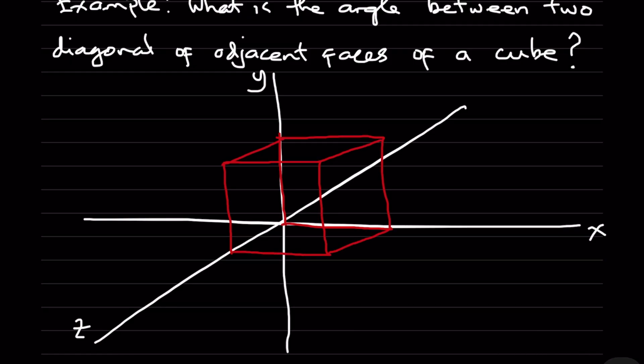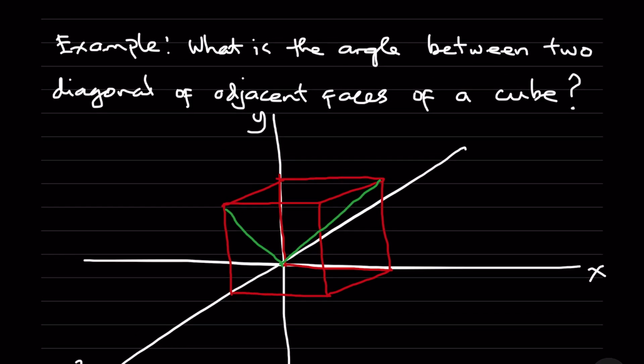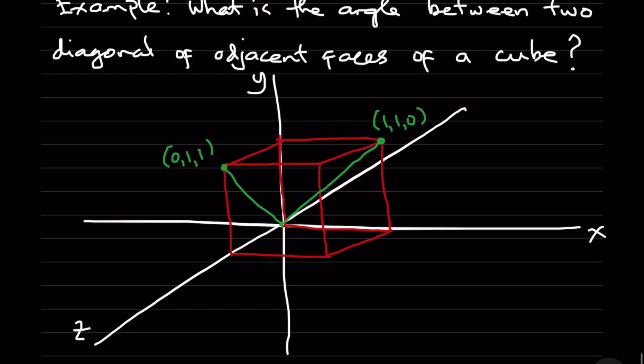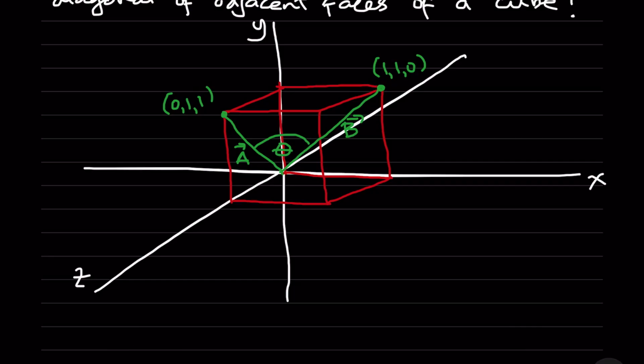So imagine the diagonals of two adjacent faces of the cube. For simplicity, I have chosen the faces at the YZ plane and the XY plane. So what I do is I let the length of one side be equal to 1, and the coordinates of the two corners of the cube that we are interested in are 0, 1, 1 and 1, 1, 0.